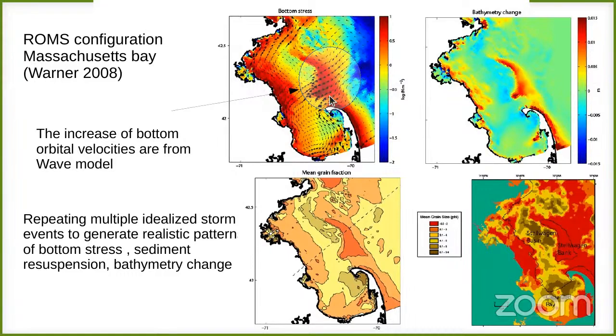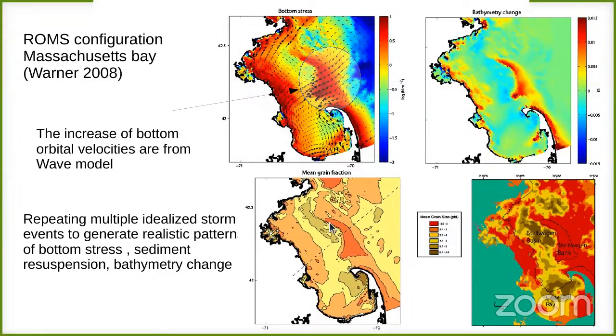In the first picture, this is the bottom stress, and on the right the bathymetry. We see that there is an increase of orbital velocity due to waves. The idea there was to repeat multiple idealized storm events and to see how they can generate resuspension.